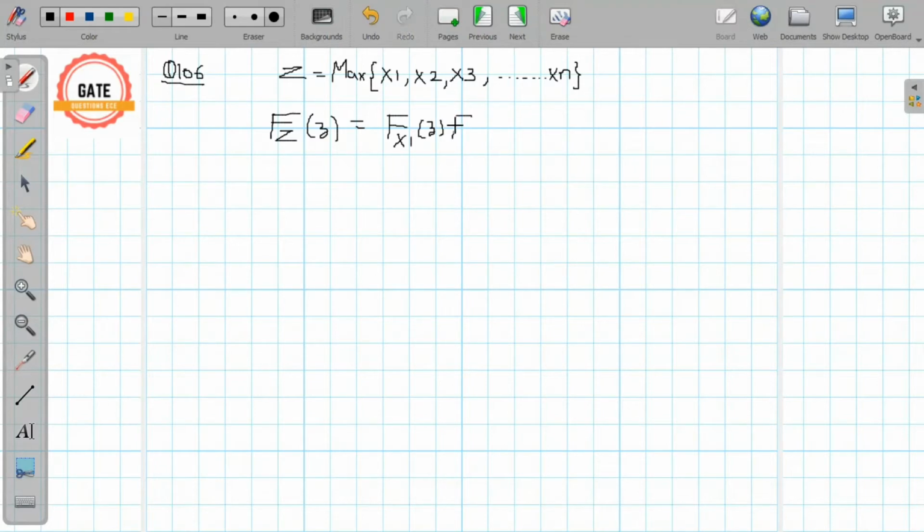So F_X1, F_X2, F_X3 up to F_Xn. This is the result for the CDF of Z when Z is the maximum among these n random variables and all of them are mutually independent.